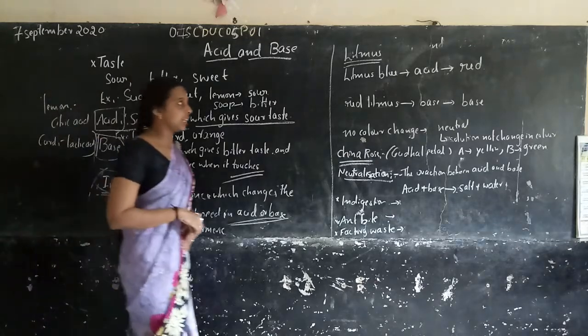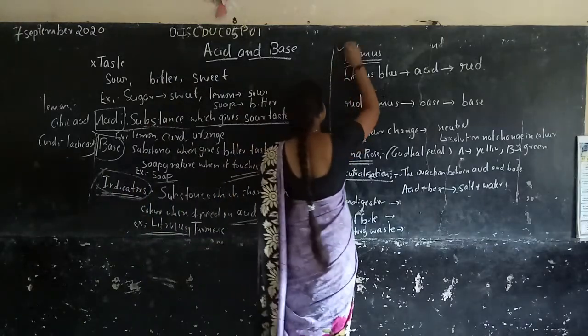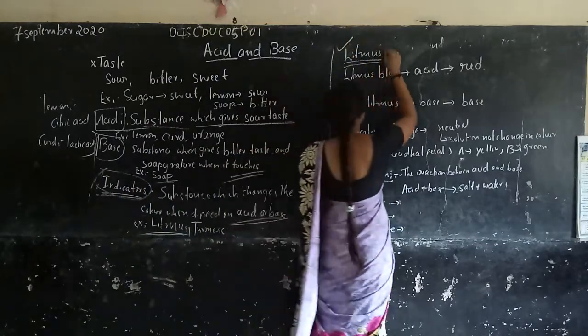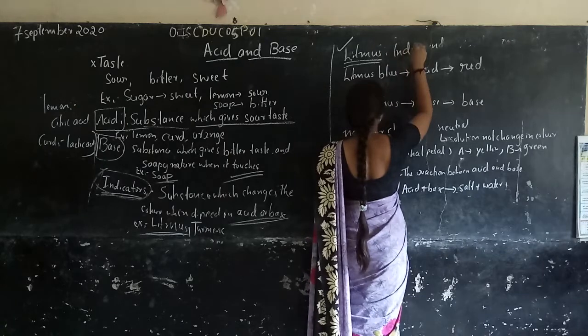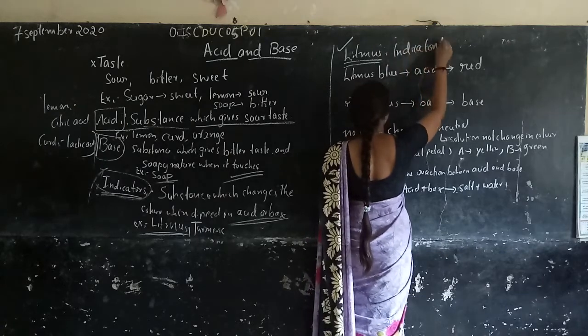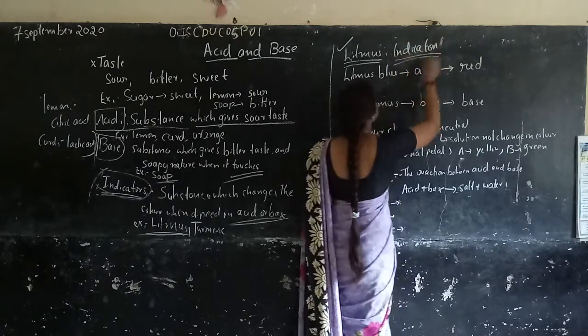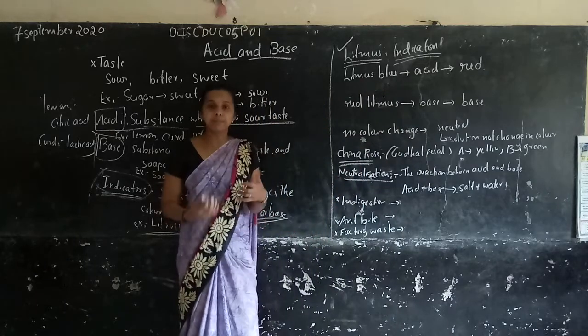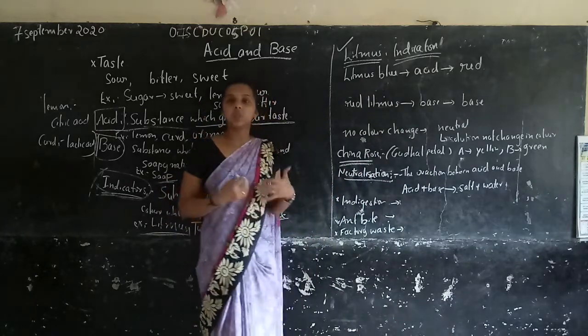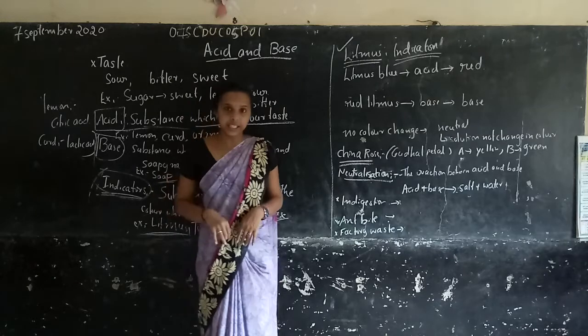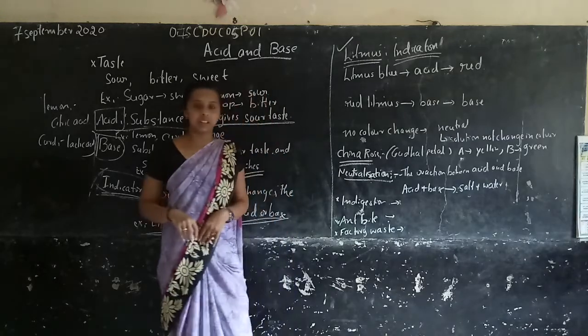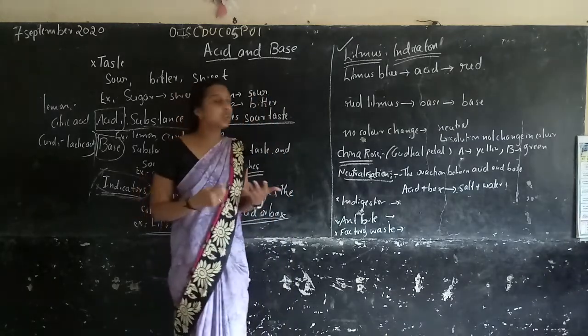So next, let us study litmus. What is litmus? Litmus is also a natural indicator. It is obtained from a plant called lichens, and from that we extract the litmus indicator. What does it look like?